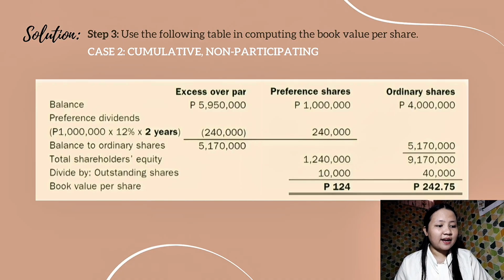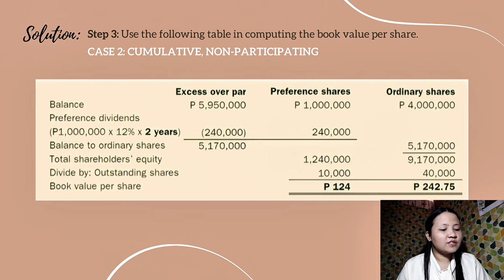But since our condition here is cumulative, the preference share is entitled to those undeclared dividends from 2020 and 2021, meaning it is entitled to 2 years of preference dividends.